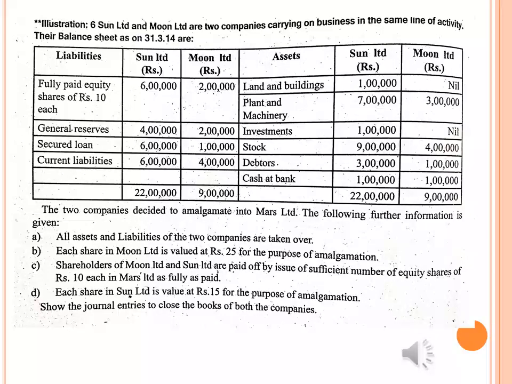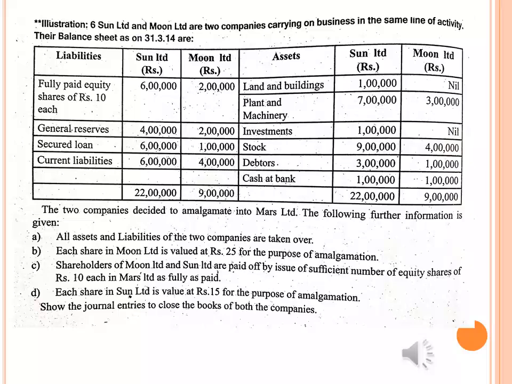We are given that the shareholders of Moon and Sun Limited are paid off by the issue of a sufficient number of equity shares in Mars Limited, fully paid at 10 rupees. So we have to check the equity shares of Sun and Moon Limited, and then find how many equity shares have to be paid.